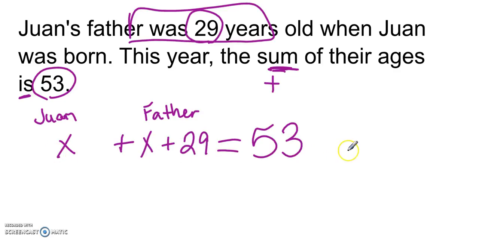So this would be my entire equation. Yes, I have two variables. They both stand for Juan's age. But to make up his father, I had to take his age plus the 29. So it wasn't just the one piece.